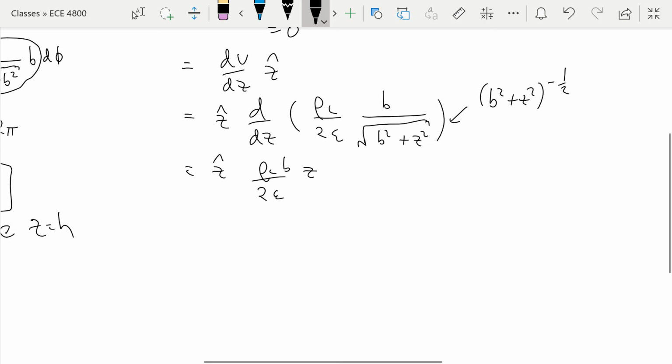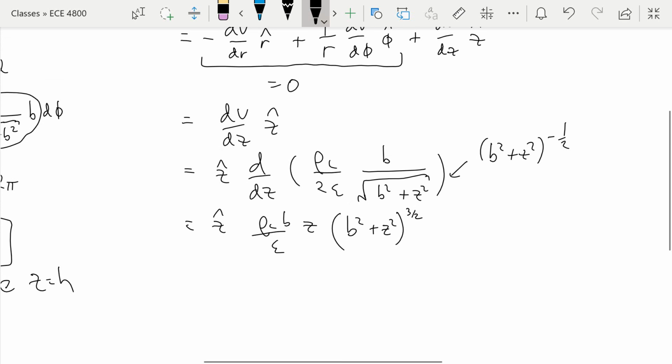The 2 will go away, right, because we brought out the 2z, and then there's a 2 in the denominator, so the 2 goes away, and we're left with b squared plus z squared to the power of 3/2.